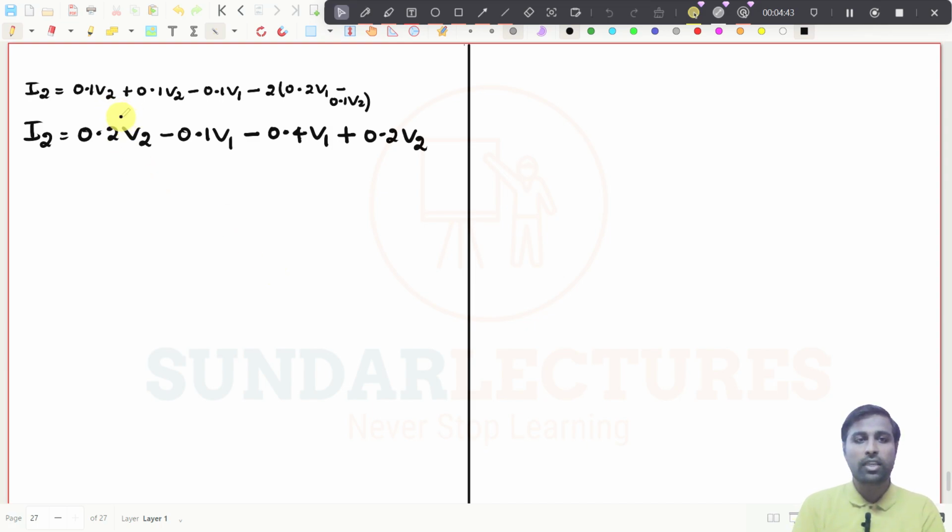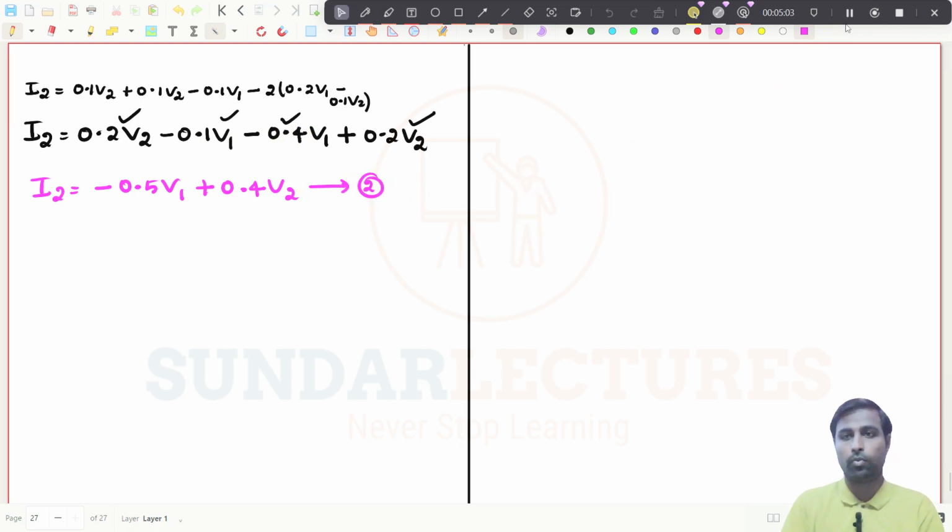Right, now you see you have 2 V2s and 2 V1s, right? So what will you get? So I2 will be equal to minus 0.5 V1 and then plus 0.4 V2, right? Am I right? So this is equation number 2 now.